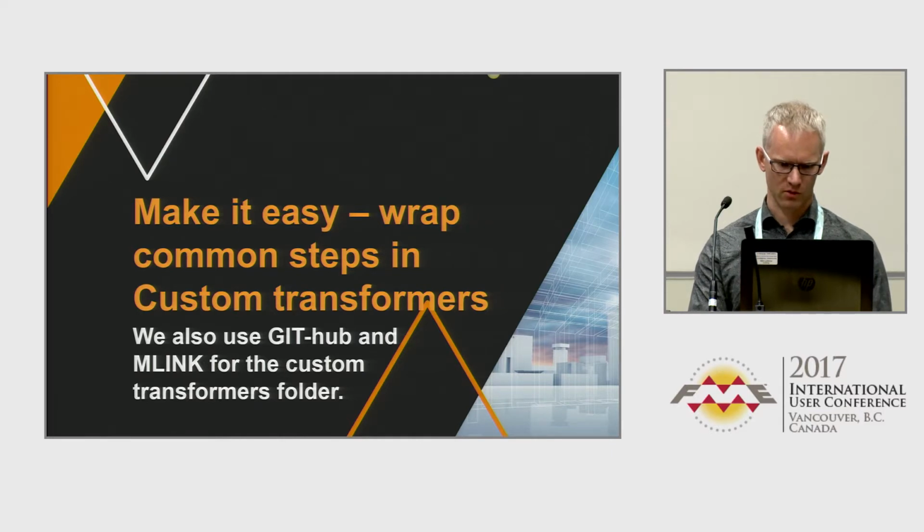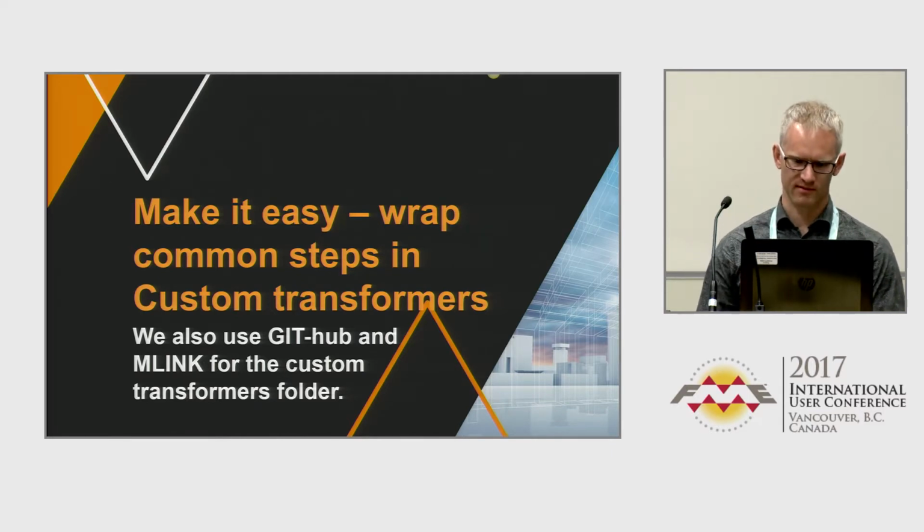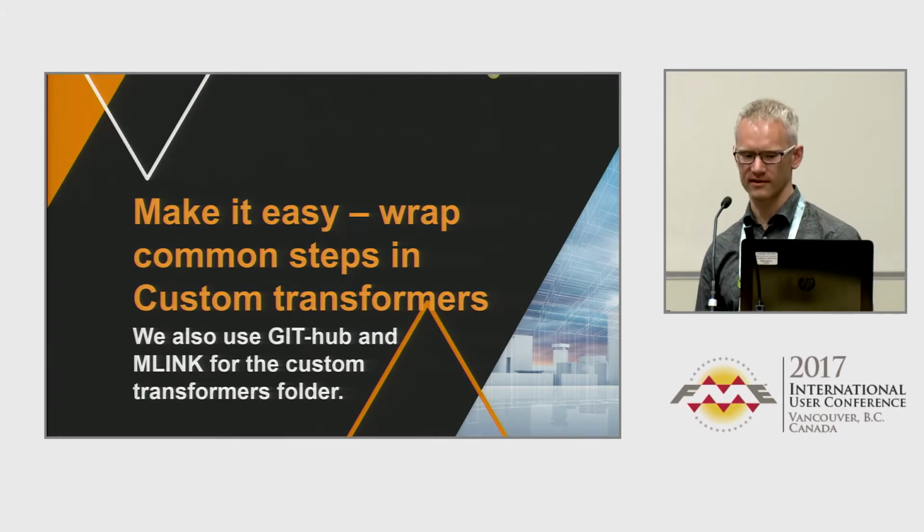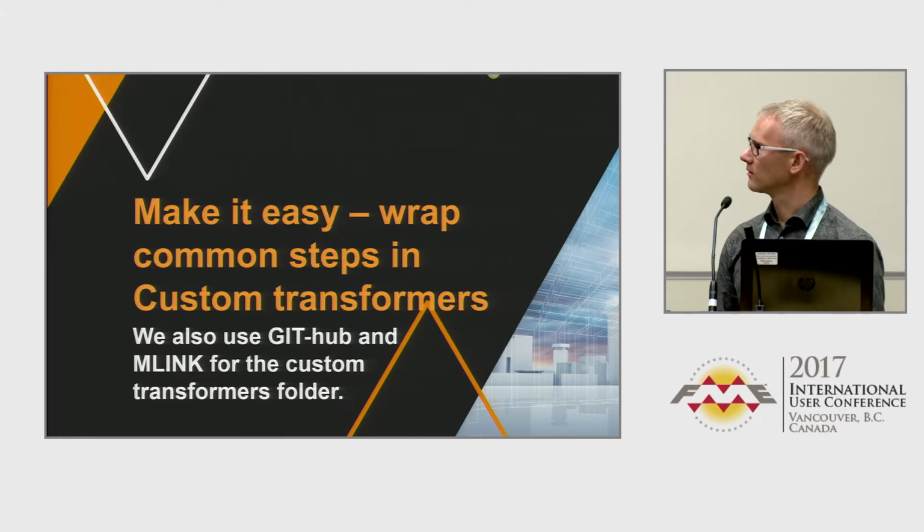So how do you make AIXM files in a good fashion? Well, we find it very easy to wrap the most common and complex pieces of it into custom transformers. And we also use GitHub.